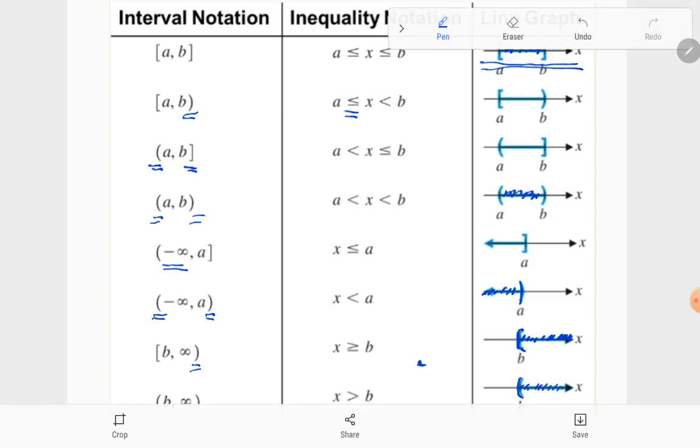So when you have an interval notation, the left number is always less than the right number, so keep it in mind. This a must be less than b. Negative infinity must be less than a, and b is always less than infinity.